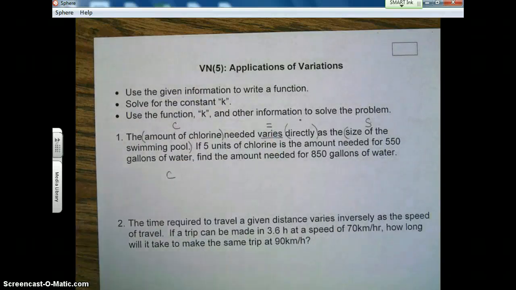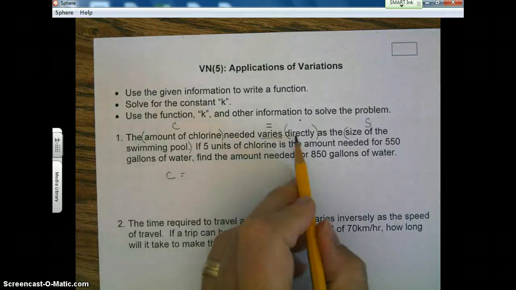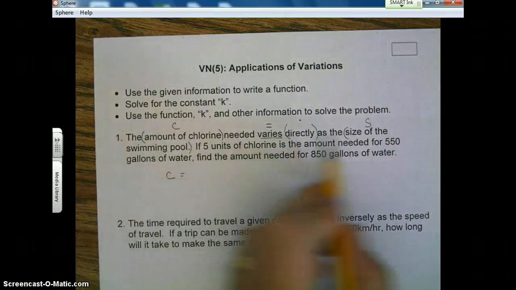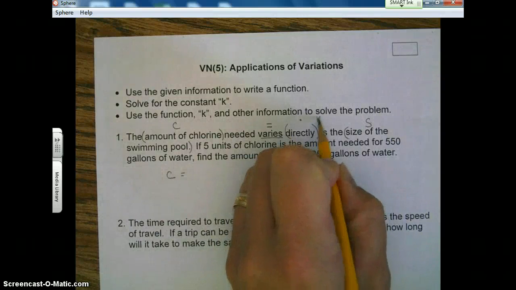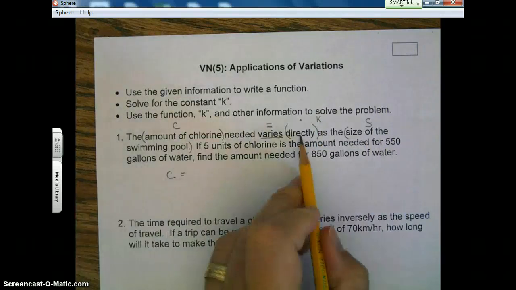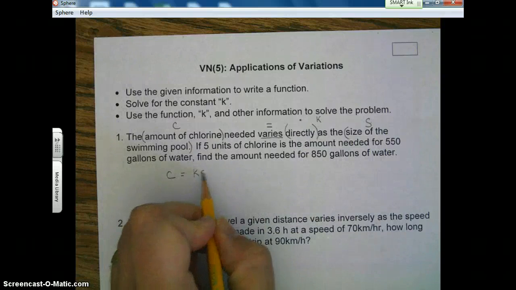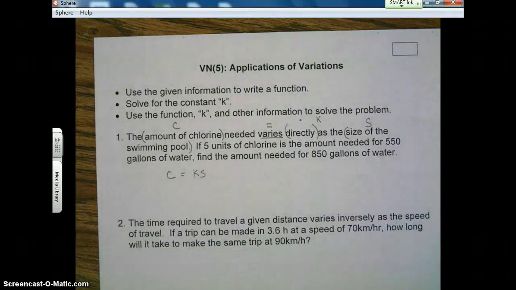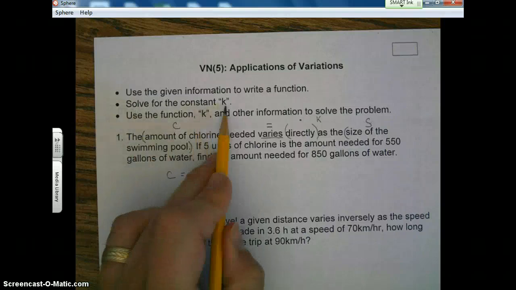So when you see the word varies, we're going to write the word equals. It says directly, so that means multiply. So we're going to have our K times our S because it's a direct variation. K times S.